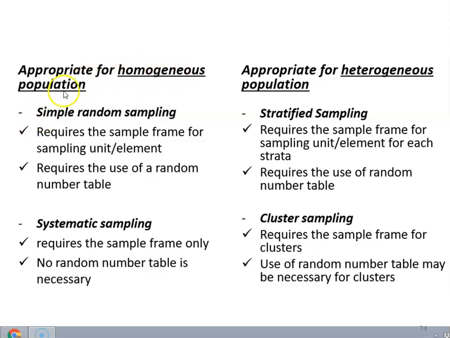And for a homogeneous population, we use either simple random sampling method or systematic sampling. In case of a heterogeneous population, we feel that some of the variables in individuals may have an influence over the study results, and we want to keep an equal number of different individuals in our study.